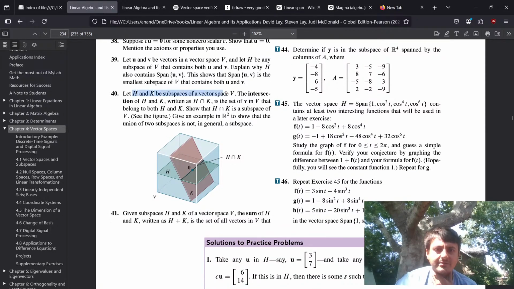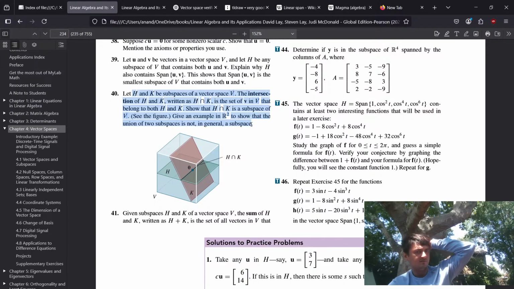Let H and K be subspaces of a vector space V. The intersection of H and K, written H intersect K, is the set of vectors in V that belong to both. Show that H intersect K is a subspace of V. Give an example in R2 to show that the union of two subspaces is not in general a subspace. Okay, I like this one.